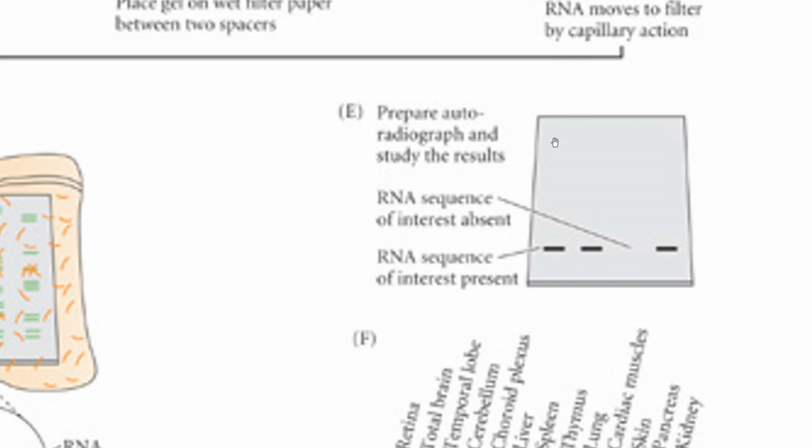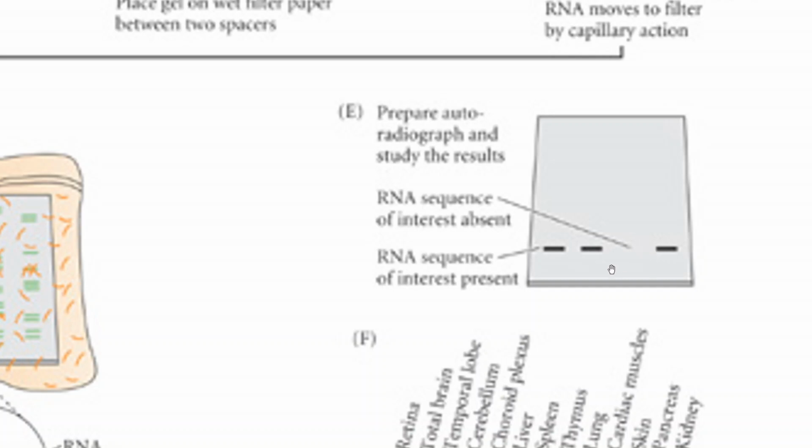So we know that samples 1, 2, and 4 express the gene that hybridizes to this probe, right? Because now we know there's mRNA and it binds to the probe. We know what the sequence of the probe is. So we know that it hybridizes to this messenger RNA that exists only in these samples 1, 2, and 4.